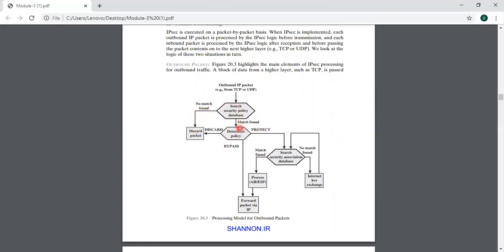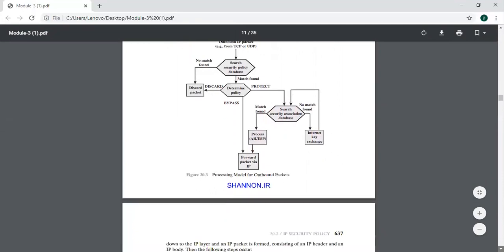If the policy is determined to be bypass, it is directly bypassed and transmitted. If I want to protect the packet, I find the security association database, then provide an internet key exchange for security purposes. That key is sent to the process, then authentication header is added, and finally the packet is transmitted.